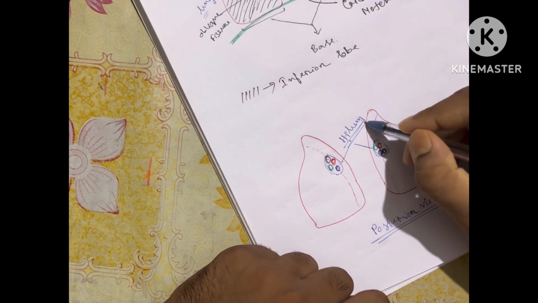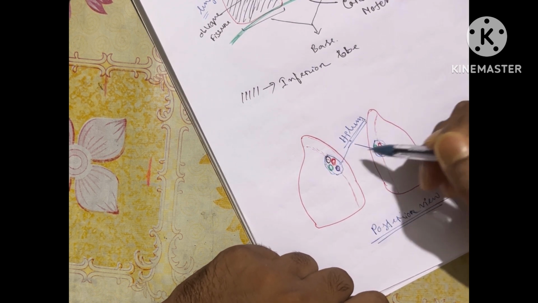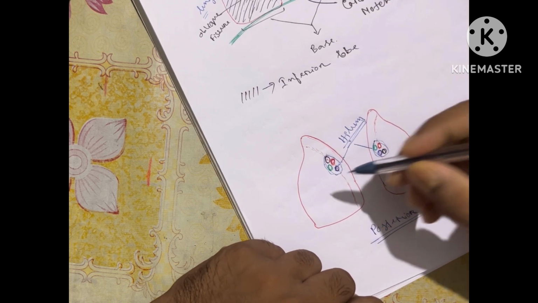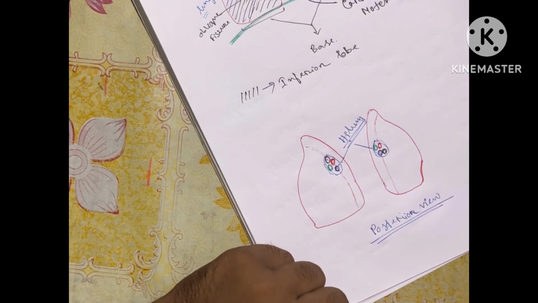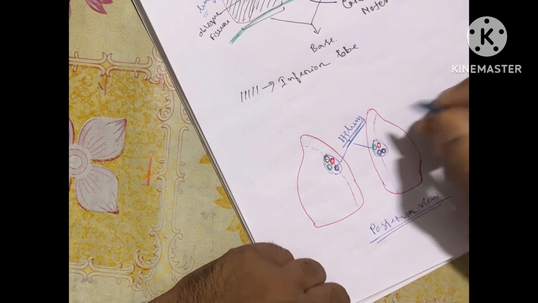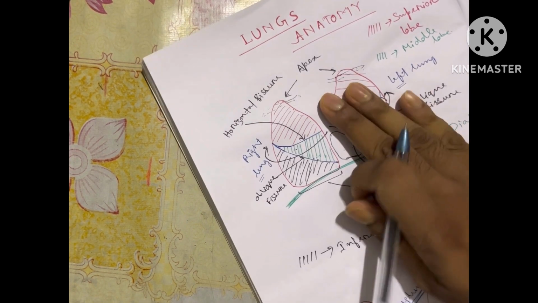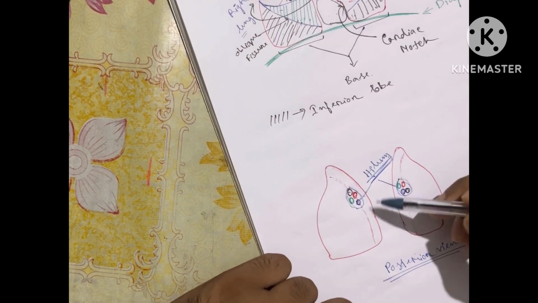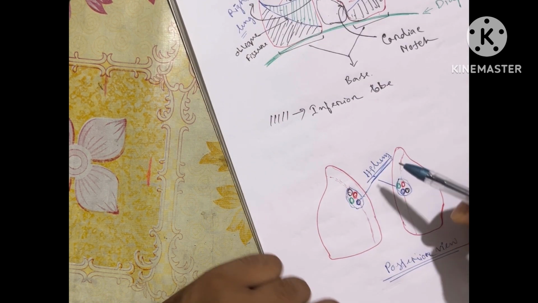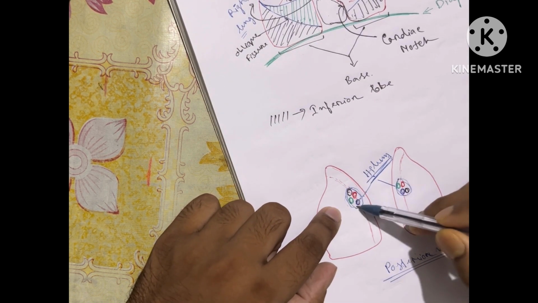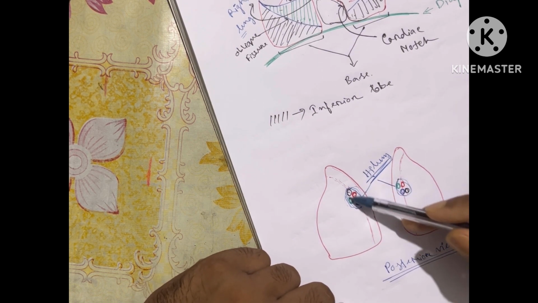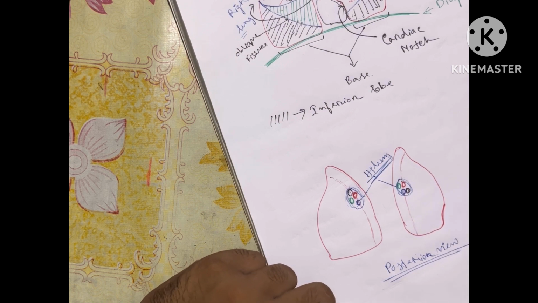The hilum is the site where our pulmonary vein, pulmonary arteries and lymphatic vessels make their entry and exit. From the anterior side, you cannot see the hilum. It is only possible when you see our lungs from the posterior side.